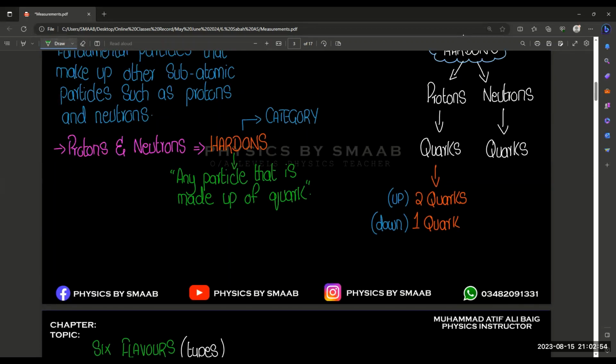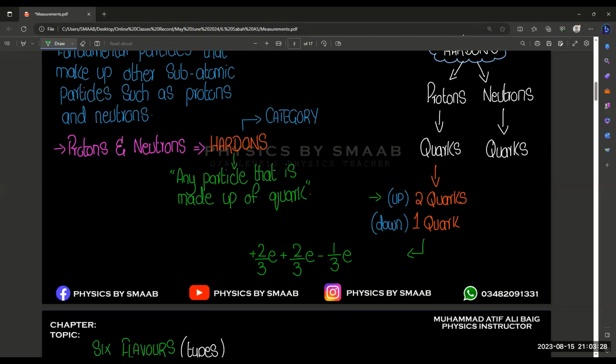Two ups means we are having plus 2 over 3e, then plus 2 over 3e, then minus 1 over 3e. Okay. So if you combine the values, if you just calculate with the calculator 2 over 3 plus 2 over 3 minus 1 over 3, what will you get?